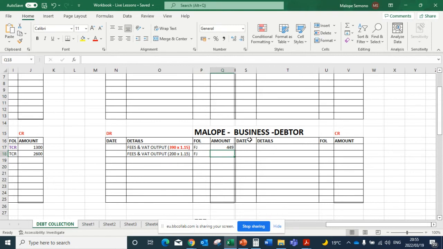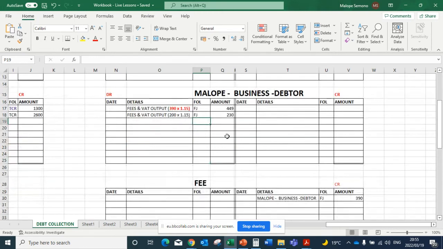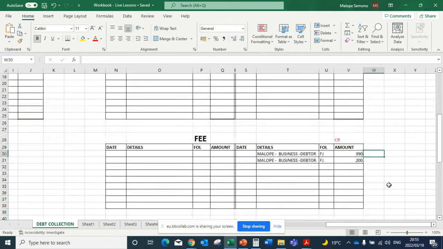Now let's see how much will be the amount including VAT. It's going to be 230, again inclusive of VAT. Now it's time for us to transfer to the fees and transfer to VAT. The same procedure. Remember, we came from Malope, and then we say FJ. But here we only need the amount excluding VAT, the fees only.